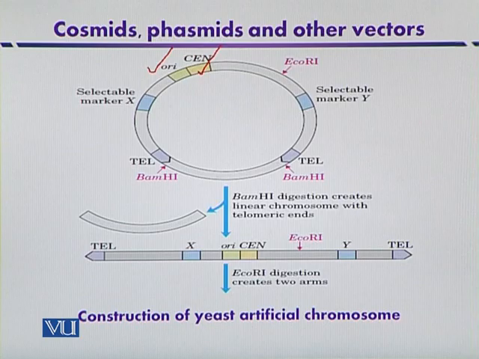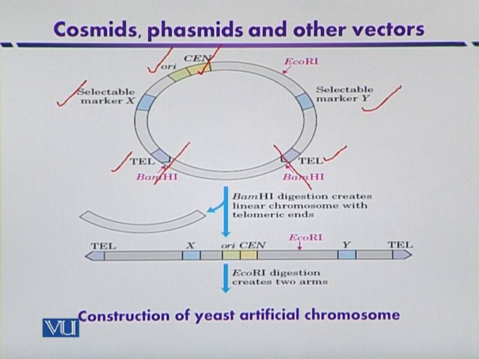Selectable markers may be for any antibiotic, like selectable marker X or Y, or any other selectable marker. And telomeric DNA is also there, and within this telomeric DNA, BamHI restriction sites are present.